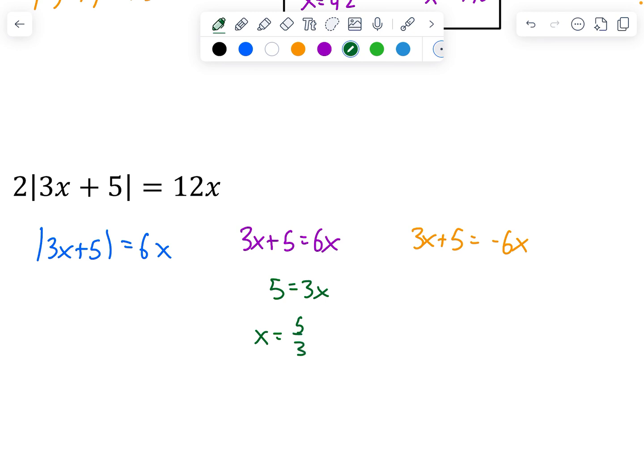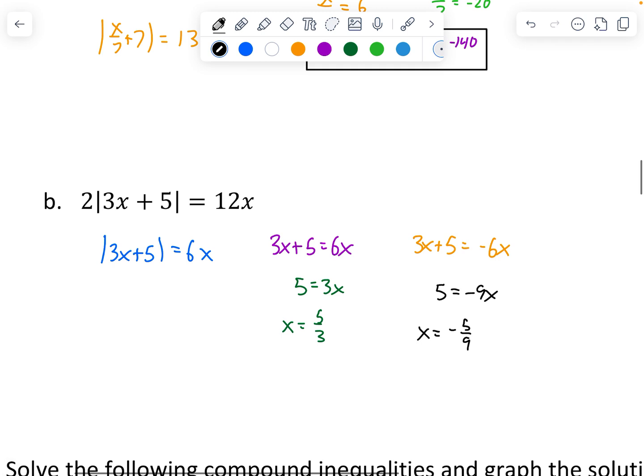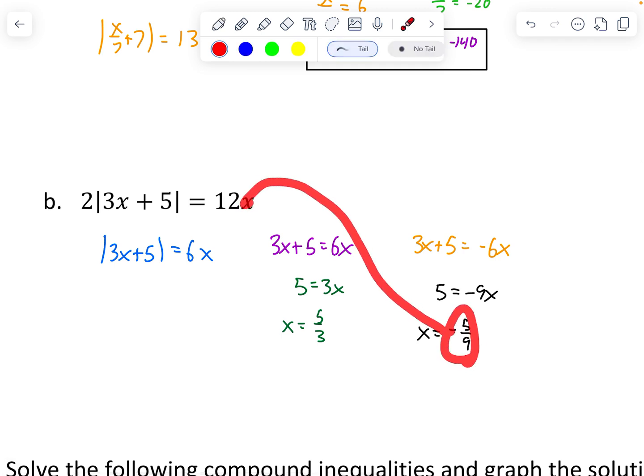And on the orange one, subtract 3x again, you get negative 9x, and divide by negative 9, and you get x equals negative 5/9. So these are your solutions, but if you plug in negative 5/9 into this side, you're going to get a negative over here. This side will have to be a positive number because when you do the absolute value of whatever, you get positive.